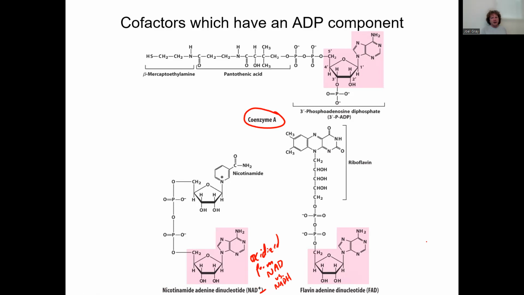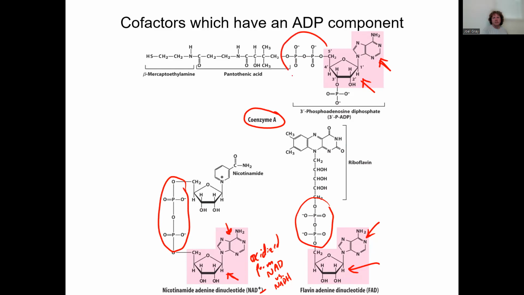Then flavin adenine dinucleotide. These are all examples of molecules that have an ADP component. So they have adenine, ribose, then they have two phosphates that link them to another big chunk of a molecule.